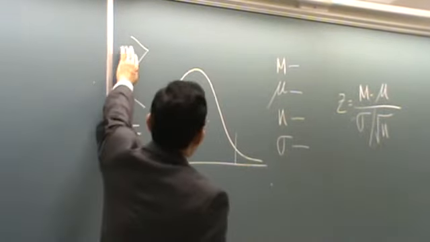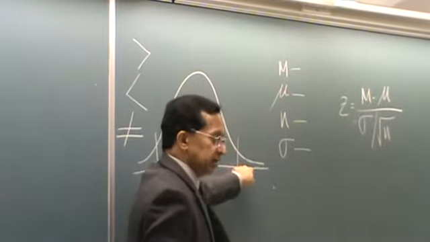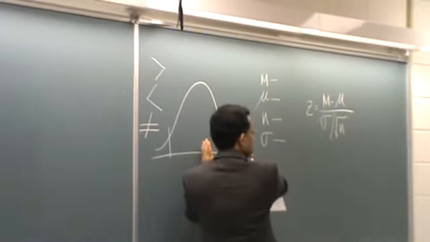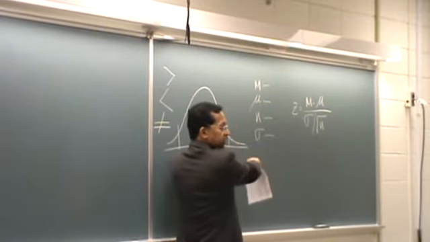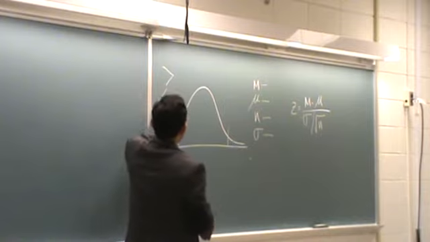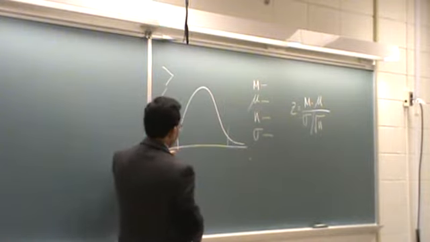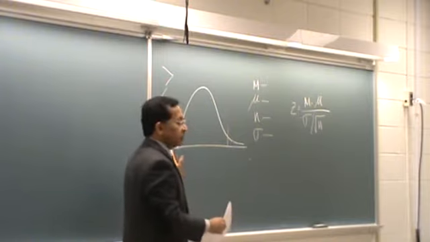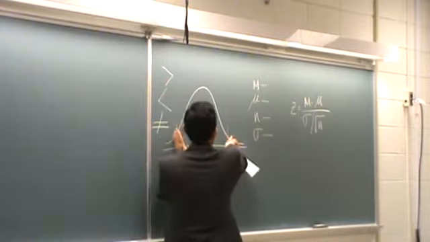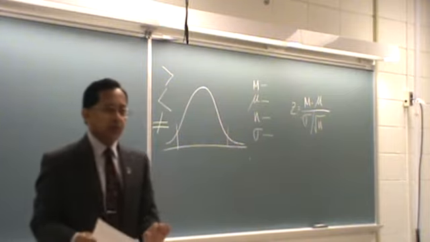So remember these. If it is a bigger than sign, look at the right tail, because the values, remember, in a normal curve, go higher, more to the right. The values get lower to the left. So if you have the less than sign, then you look at the left tail. And if you have not equal to, then you will be dividing that alpha into 2 equal halves. Look at both tails. Are you guys with me so far?